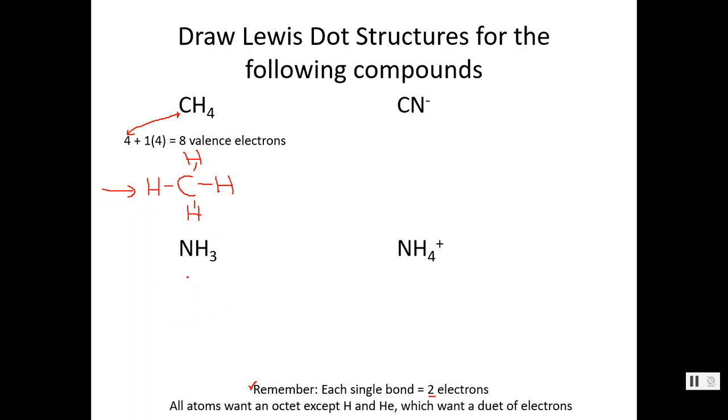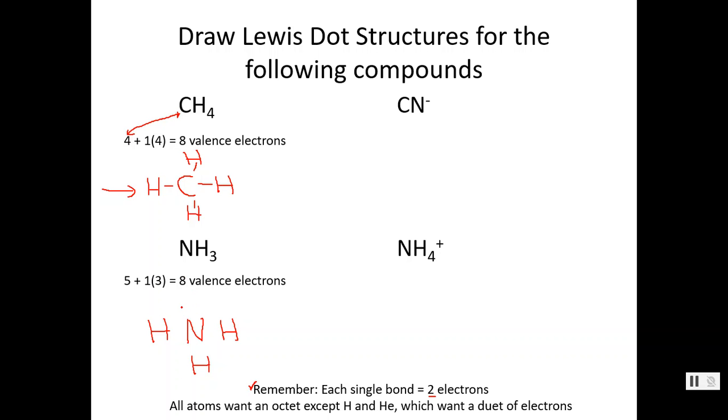Let's do the same process, the same steps, with NH3. Determine the number of valence electrons from the group number of each atom, taking into account the number of that atom that's present. Write down my central atom, which in this case is nitrogen. I'm going to scatter my 3 hydrogens around. Now I've scattered my hydrogens.